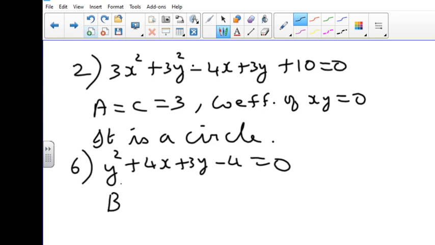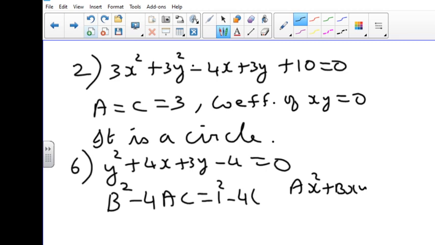Comparing with the general equation ax square plus bxy plus cy square plus dx plus ey plus f is equal to 0, b is 0, so not 1, it is 0.